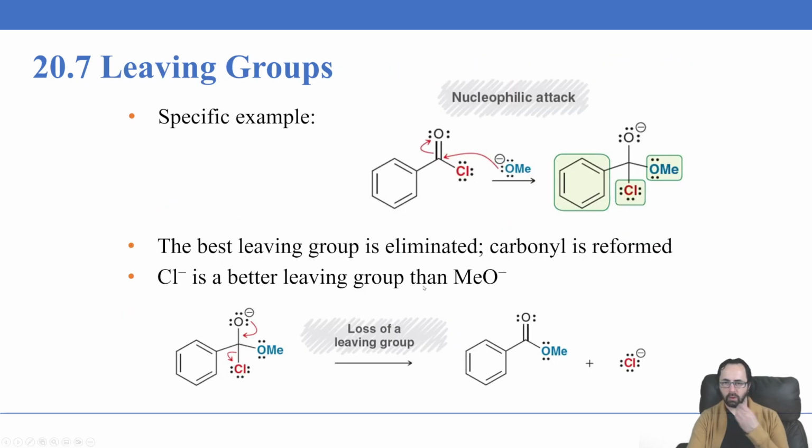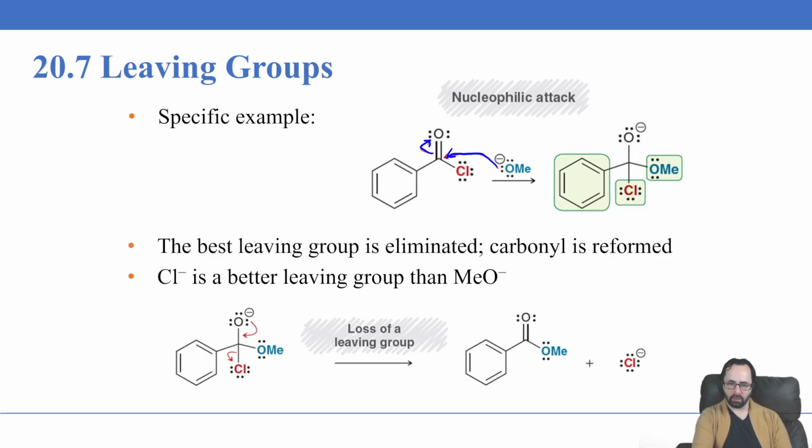So for example, here let's say our nucleophile is methoxide, and we have an acid chloride here. Again, we have the nucleophilic attack at the electrophilic site on the carbon that's partially positive and loves electrons. Simultaneously, we get this resonance arrow showing the lone pair on the oxygen, giving it a negative formal charge.